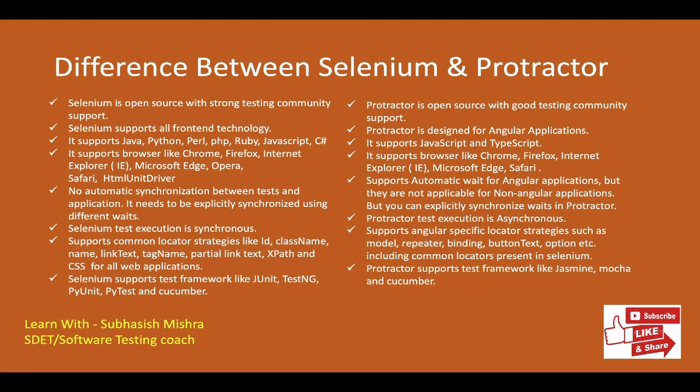Then we'll see browser support. So Selenium supports Chrome, Firefox, IE, Microsoft Edge, Opera, Safari, Phantom, whereas Protractor supports Chrome, Firefox, Internet Explorer, Microsoft Edge, Safari, Phantom, all these things are supported.